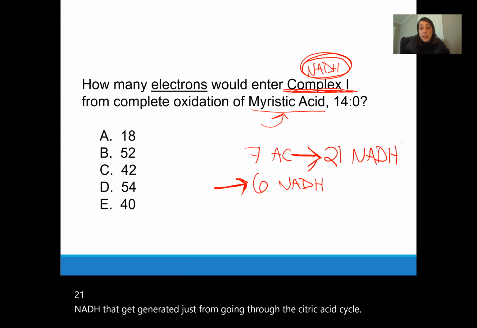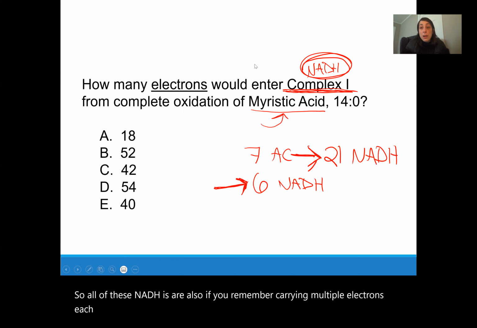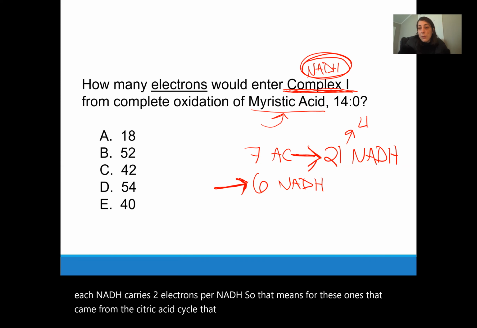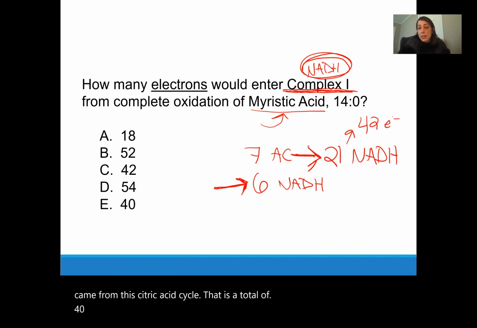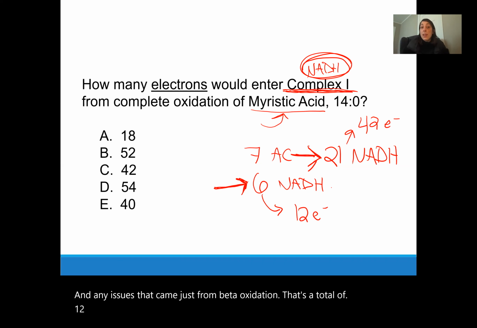So all of these NADHs are also, if you remember, carrying multiple electrons. Each NADH carries 2 electrons per NADH. So that means for these ones that came from the citric acid cycle, that is a total of 42 electrons. And these NADHs that came just from beta oxidation, that's a total of 12 electrons that would be carried by these NADHs.